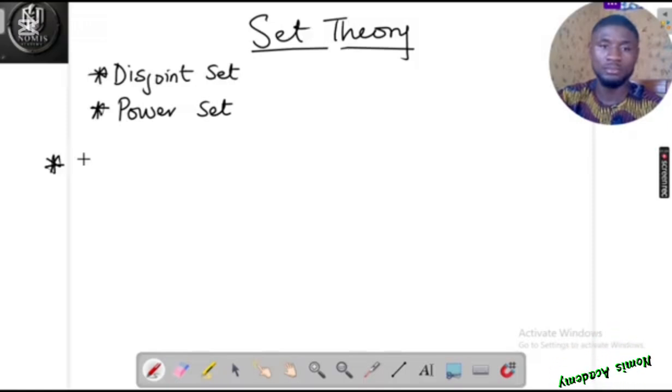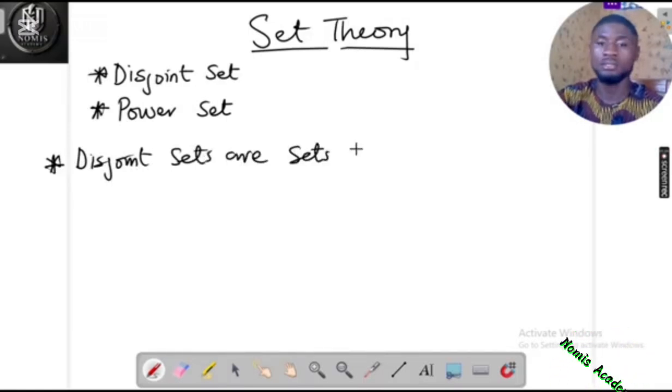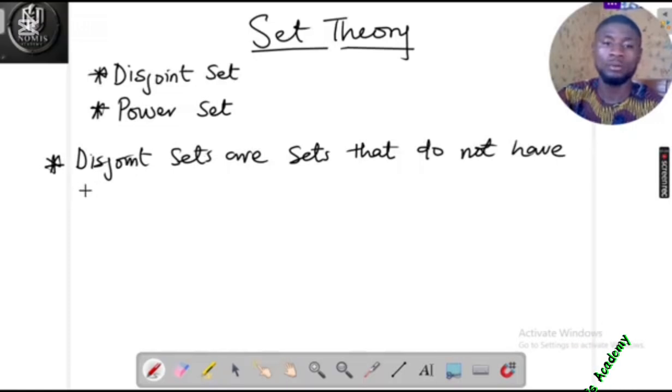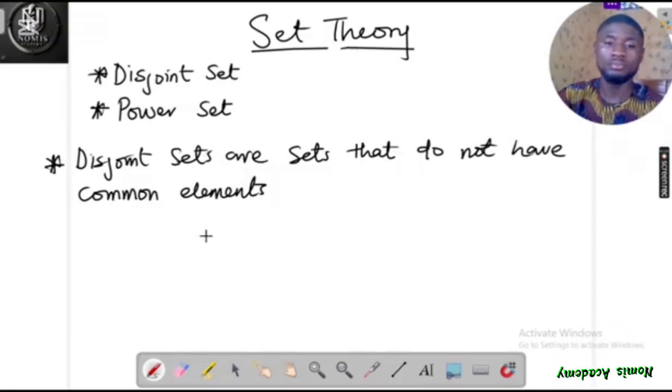Disjoint sets are sets that do not have common elements. So that is to tell that there is no intersection. That is, the intersection is zero.